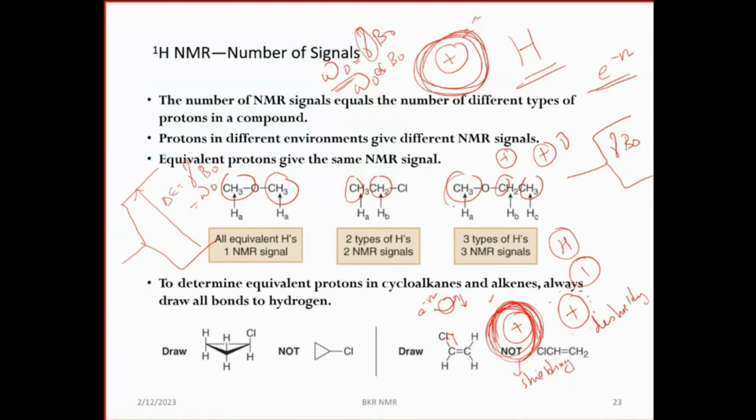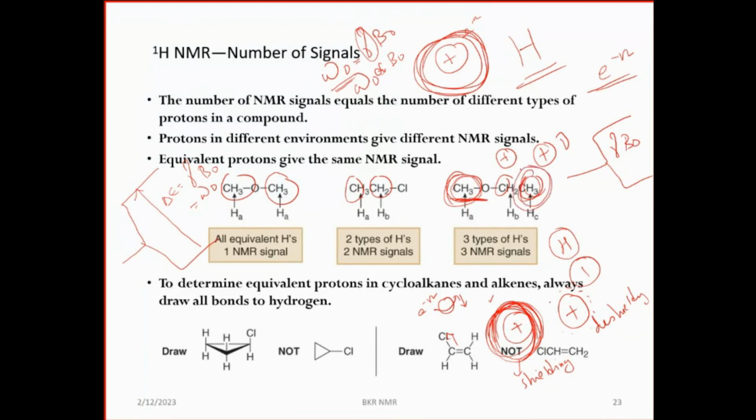Similarly, is this CH3 the same as this CH3? Both are CH3, right? Are they same? Why different? The left side CH3 is attached to oxygen and the right side is attached to carbon. Very good. So this CH3 is attached to oxygen, so it has a different electron density. This has less electron density.